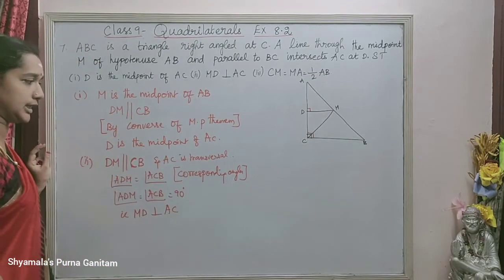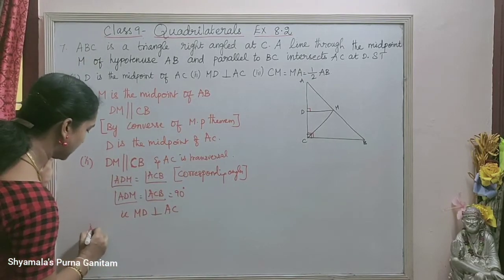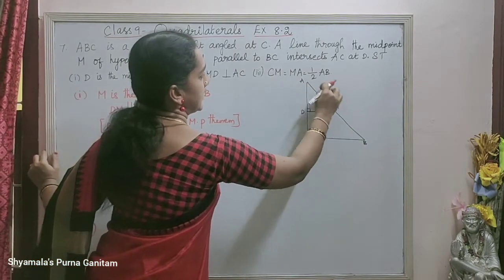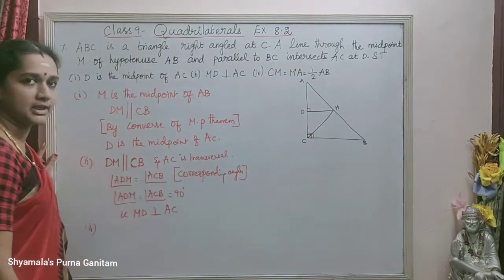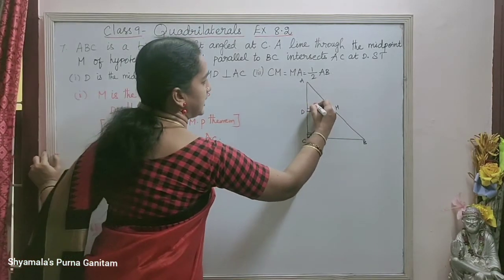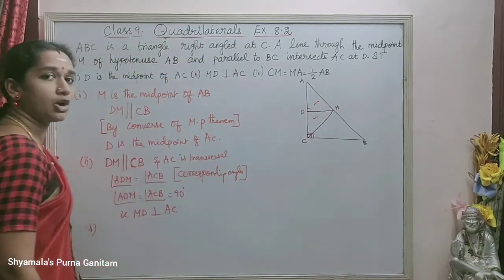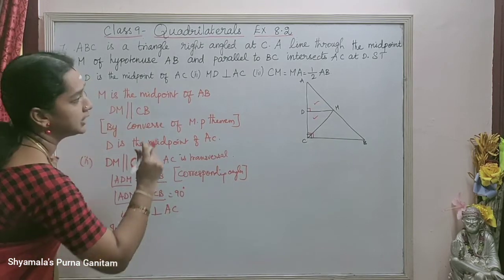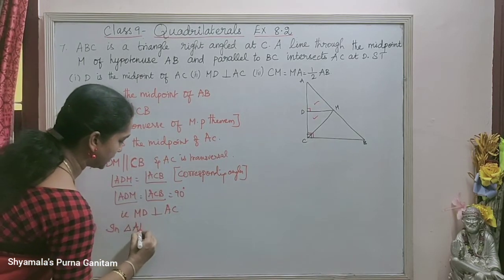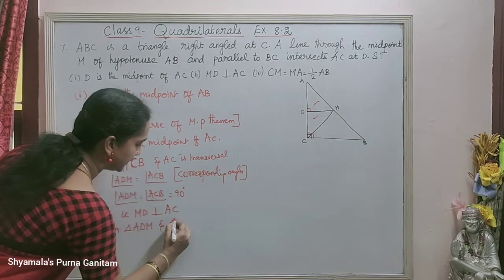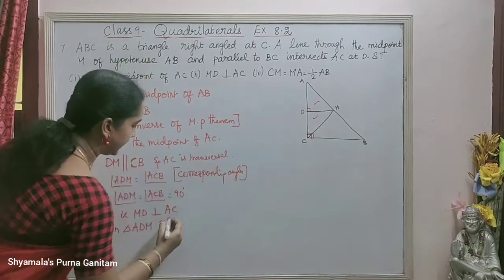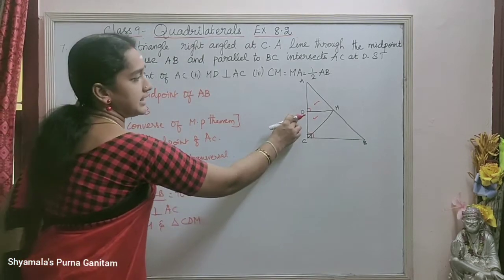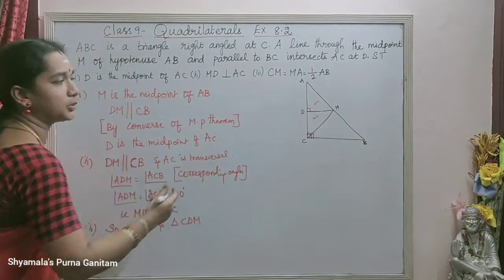MD perpendicular to AC. Now third one is we are asked to prove that CM is equal to MA is equal to half of AB. So for proving that we will take these two triangles and prove the congruency of those two triangles. So in triangle ADM and triangle CDM, since D is the midpoint, AD is equal to CD.